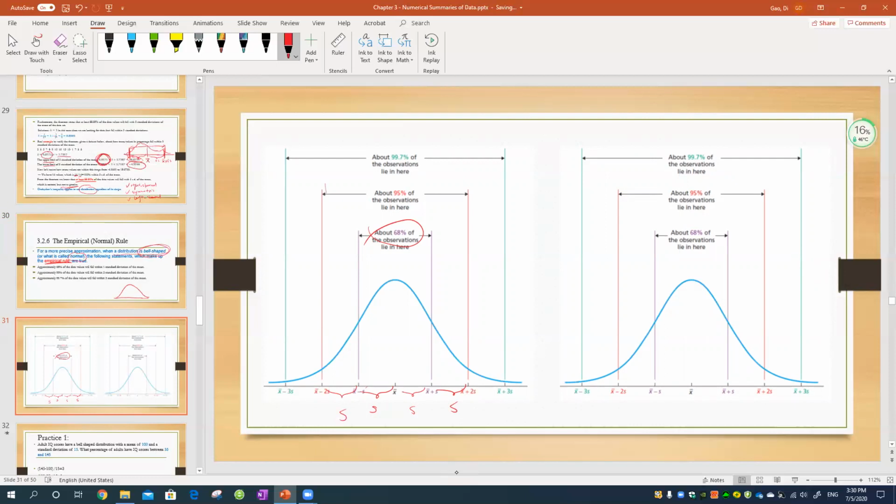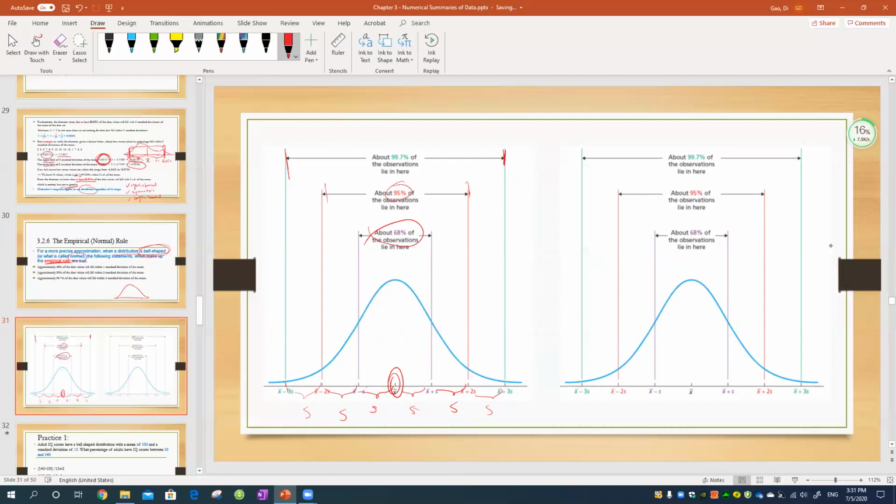So this whole range covers 95% approximately. And it extends another standard deviation away. So from here to here, that's about 3 standard deviations away from the mean, x bar. Then this covers 99.7%.